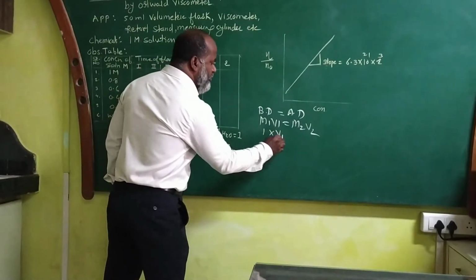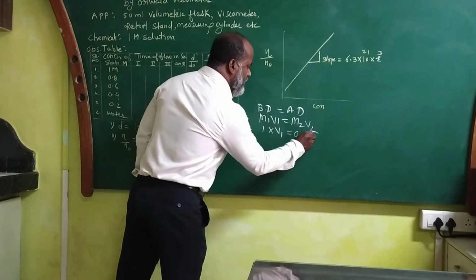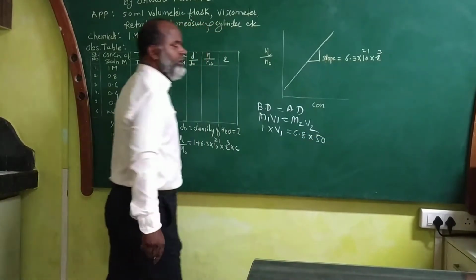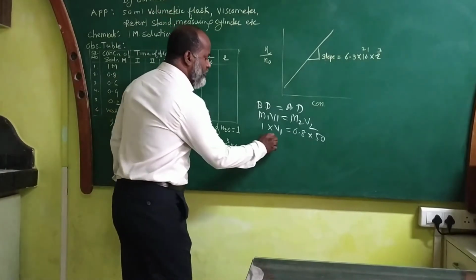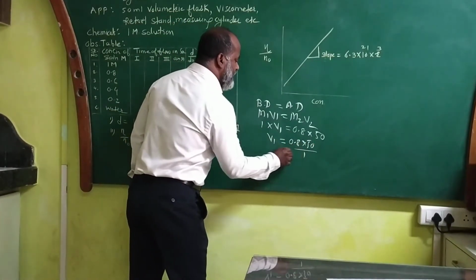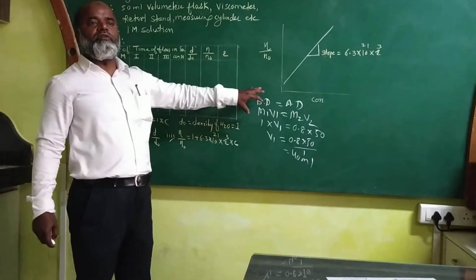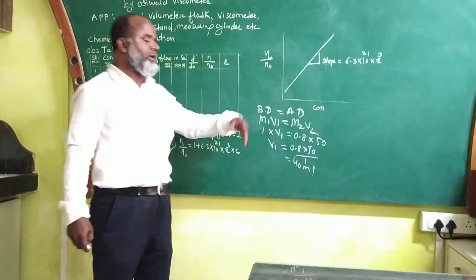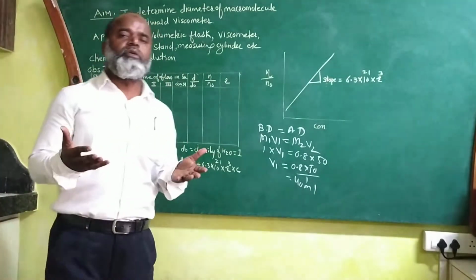How much volume of it shall I take so that it becomes 0.8? The total volume we have to make is 50 ml. So V1 = 0.8 into 50 divided by 1, which is around 40 ml. So we take 40 ml of 1 molar solution and add 10 ml of water. The total volume will be 50, and that will be your 0.8.